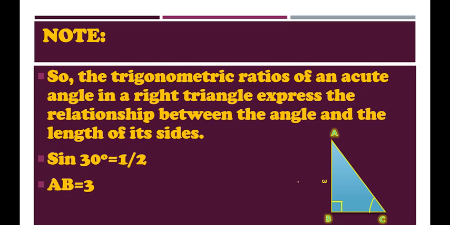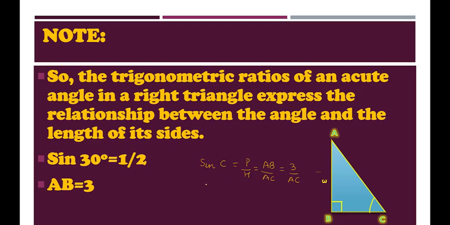So for example, here sin 30 is equal to half. We know that sin 30 is equal to 1 by 2. And the value of AB is given. And what else do we know? We know the relationship that sin theta, here sin C, is perpendicular upon hypotenuse. So what is perpendicular here? It is AB and hypotenuse is AC. And what is AB? It is 3. And we are supposed to find AC.